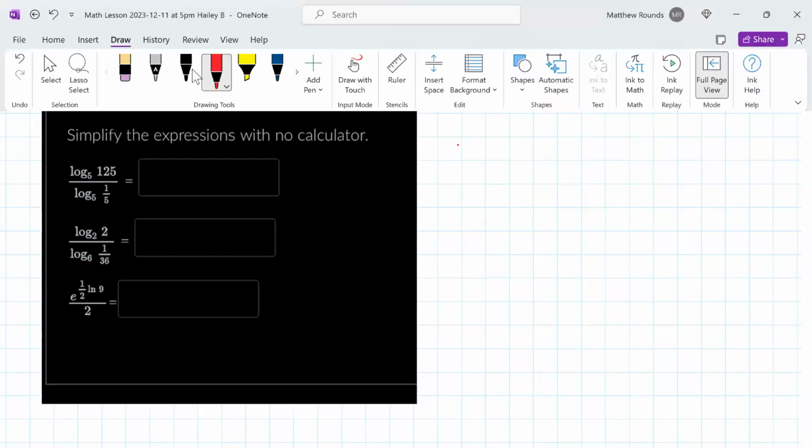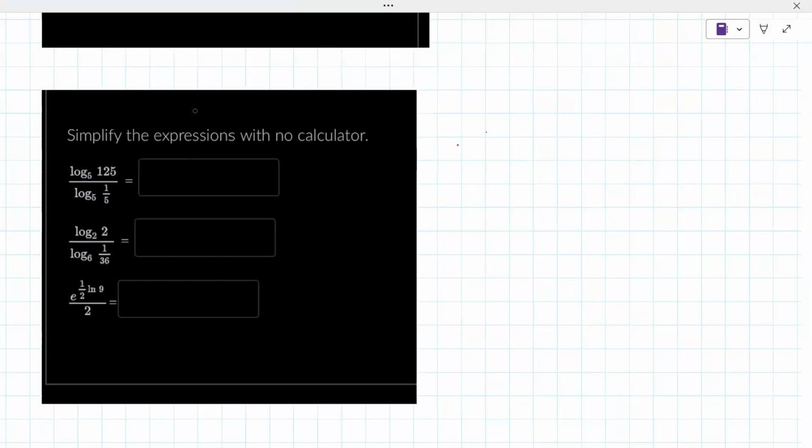So the first one here, you have to rewrite 125 as 5 to some power. Can you tell me what that power is? Is it 5 to the 5? 5 to the 5 is 5 times 5 times 5 times 5 times 5. There's a lot of fives.